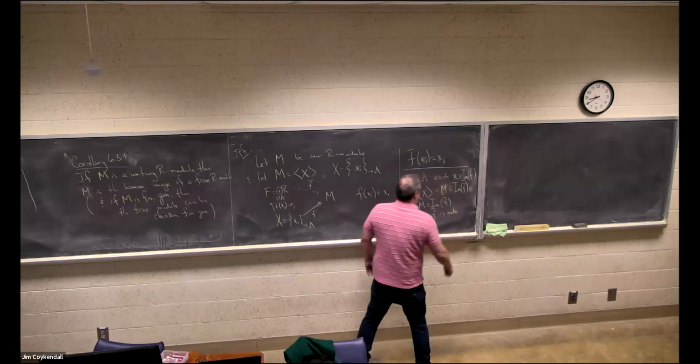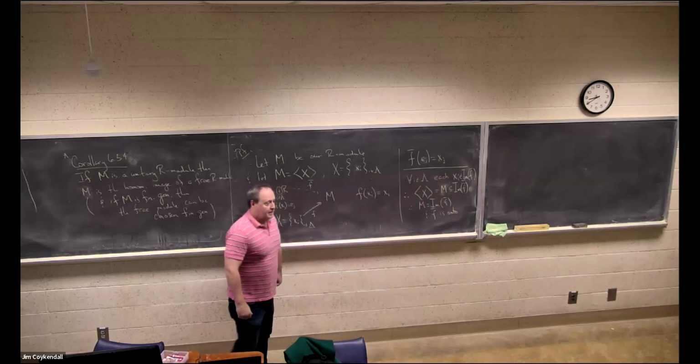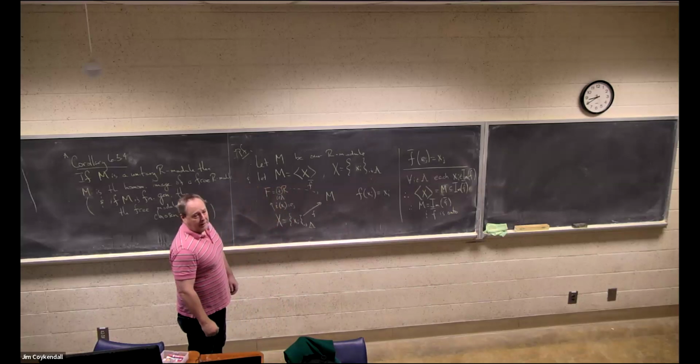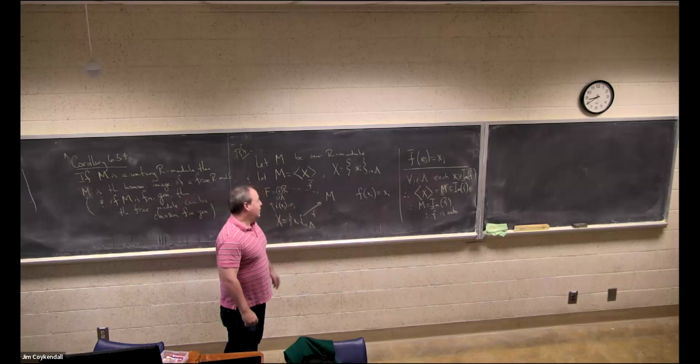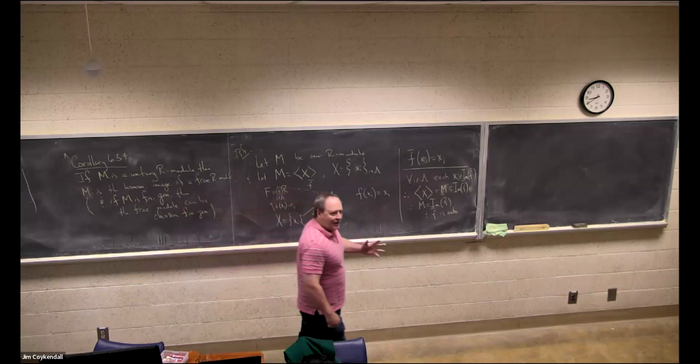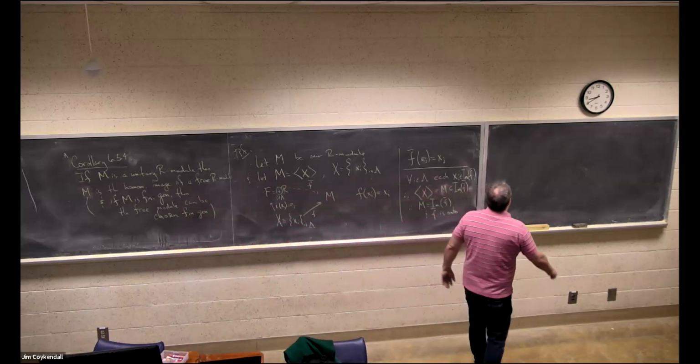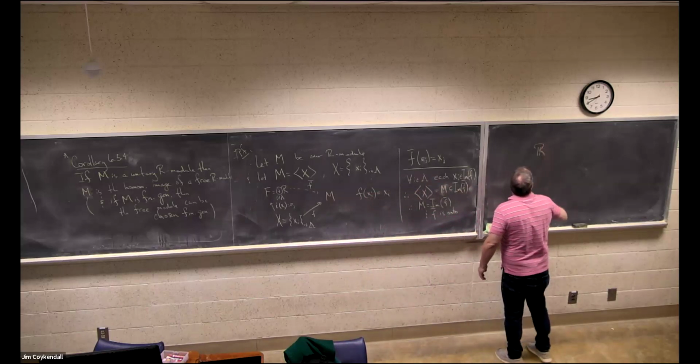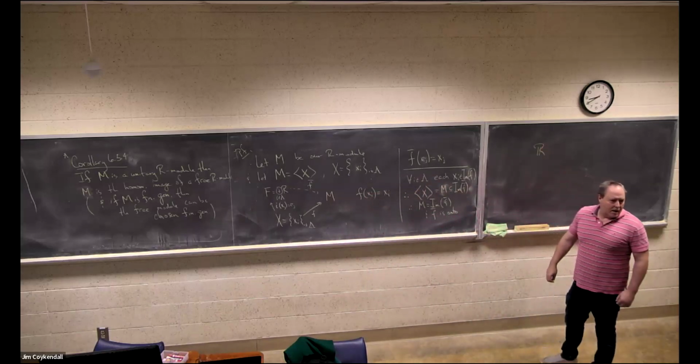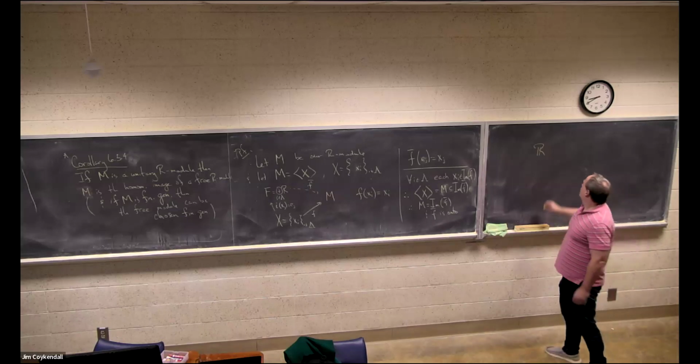Horizontally. So that's super cool, right? Because any R module that you have is a homomorphic image. For example, as I pointed out, the real numbers is an abelian group. It is the homomorphic image of some free module.